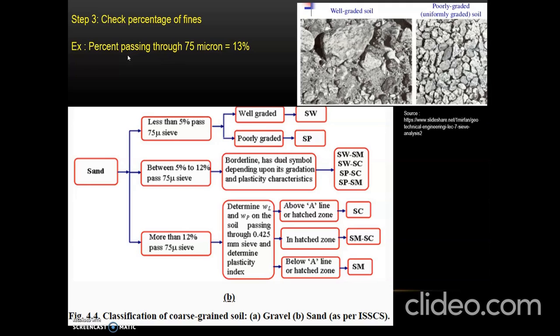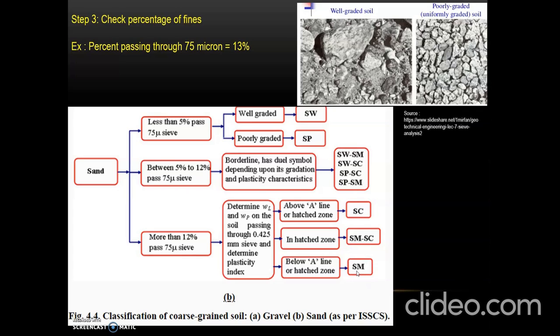Now in the problem we are given that the percent passing through 75 micron is 13%. So we won't bother about these first two conditions. We will check out the further classification for the third condition because 13% is greater than 12%. So now the soil can be either SC or it can be either SM-SC or even it can be SM.